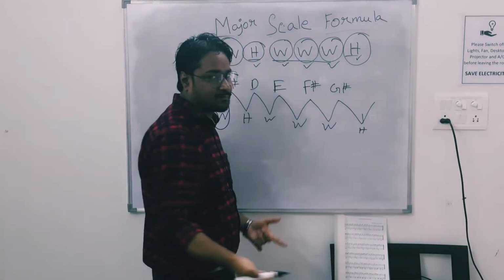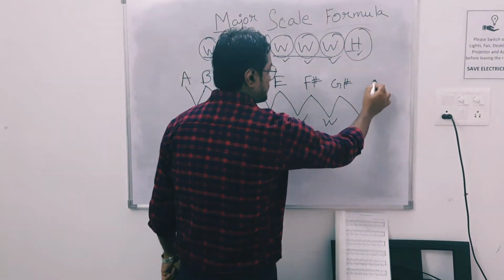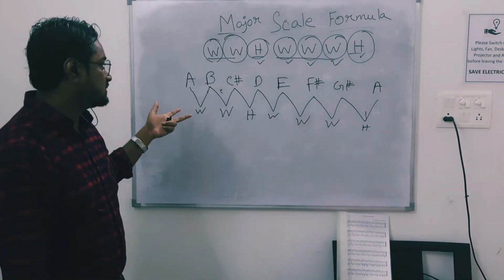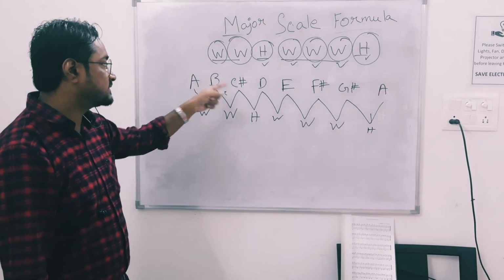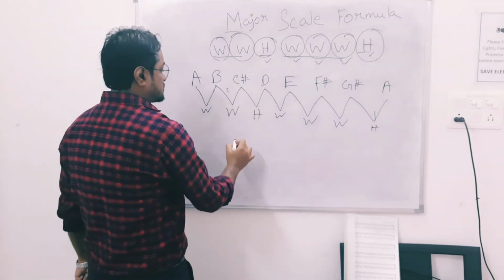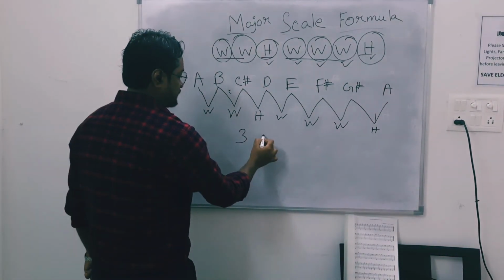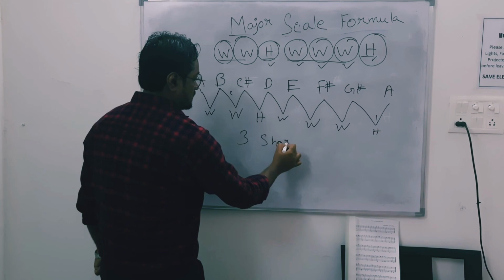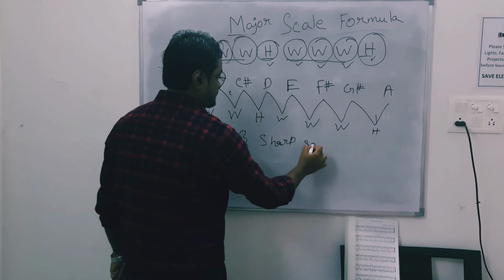After G sharp, simply it's A again. Look, this is the A major scale: A, B, C sharp, D, E, F sharp, G sharp, A. Three sharp notes are here, so we can say it's a three sharp scale.